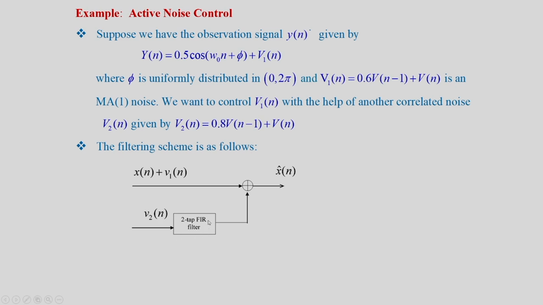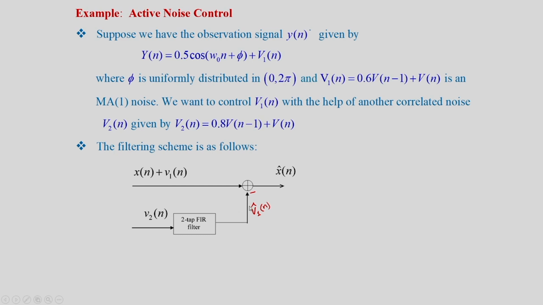Therefore, we can estimate v1 hat n here, and this estimated value will be added here, so that it is positive and this is negative, and this part will be cancelled by v1 hat n. This is the active noise control, so that ultimately we will get the noise free part of this noisy signal.